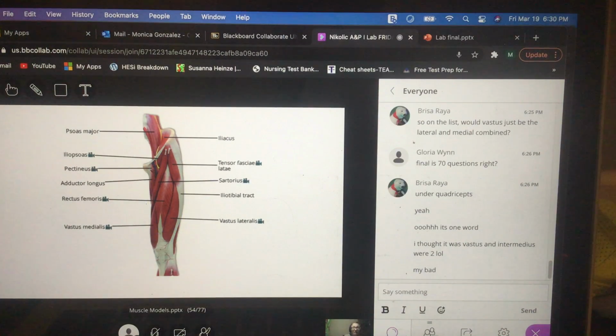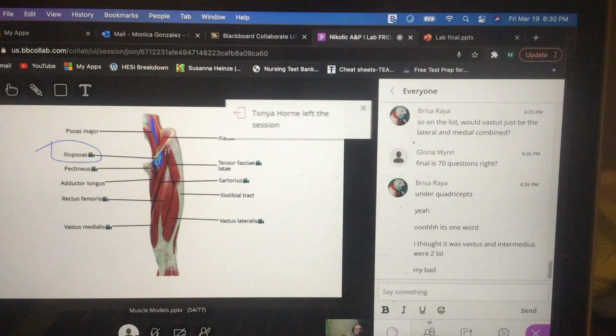So the iliacus coming together with the psoas major at this area right here beside the sartorius, that is the primary mover of hip flexion, and that's called the iliopsoas. So that's my recommendation. If you like the psoas, I don't know, because technically it's not correct. Technically that area is the iliopsoas. So forget it. Just call it the iliopsoas. It's the best thing, and that's the name. Okay, so that one is going to be right beside the sartorius as we're going medially. Okay, guys? So that's what we have here.